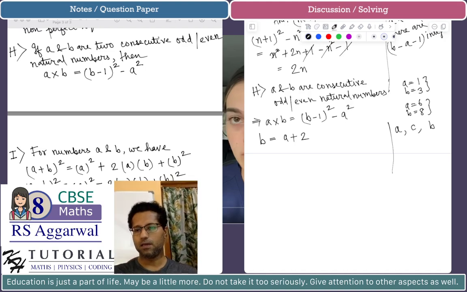A and B are consecutive odd or even integers.